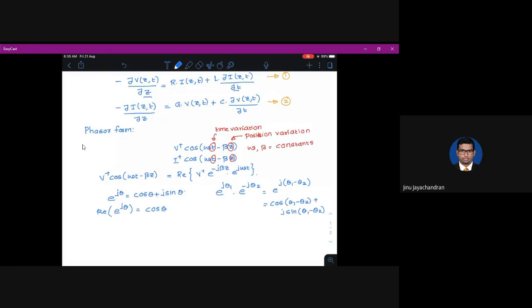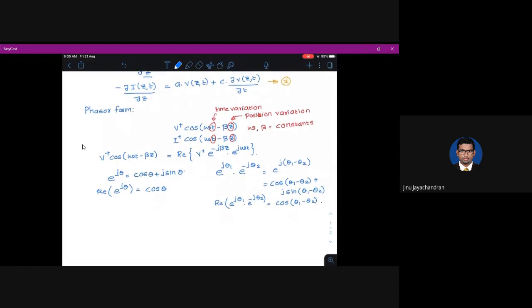Okay. And when you take the real part of this, e raised to j theta 1 into e raised to minus j theta 2, this will be cos of theta 1 minus theta 2.